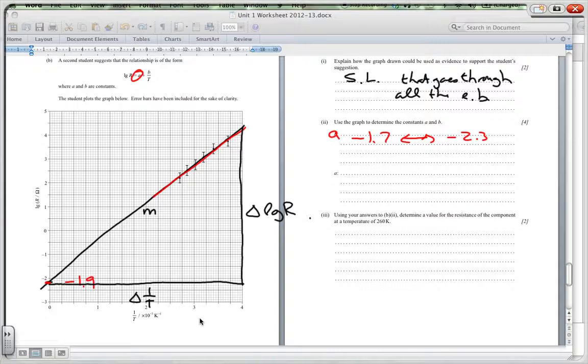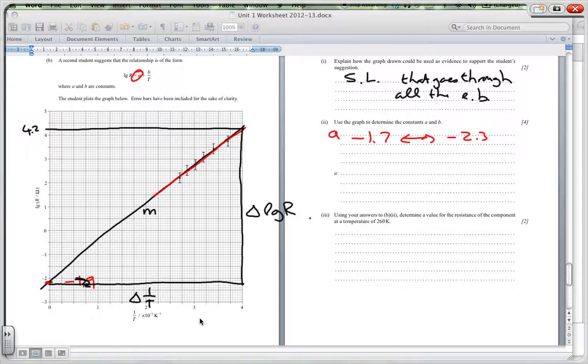Well, this is going from what I said. Well, actually, this is not minus 1.9. This one actually went past, wasn't it? So this was about, but let's say it's about minus 2 there. So it's minus 2, and it goes up to about 4.2.